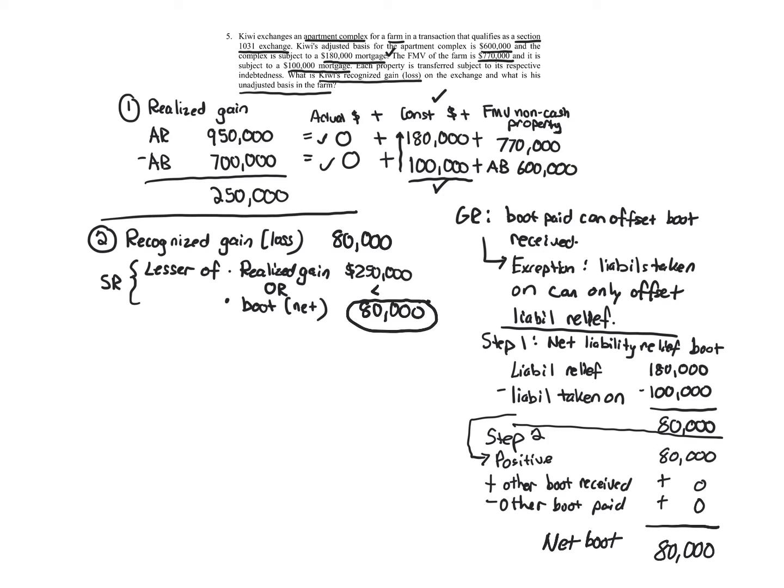Before we do step three, we determine the suspended gain. Suspended gain is the difference between number 1, $250,000 and $80,000, $170,000.